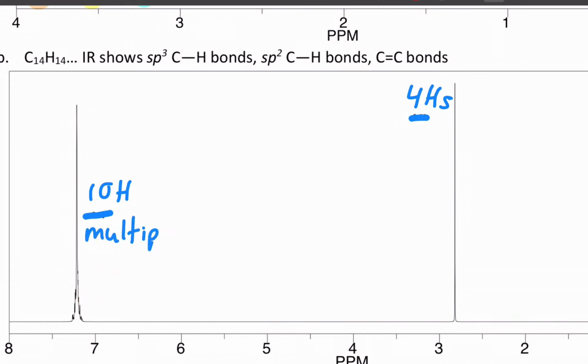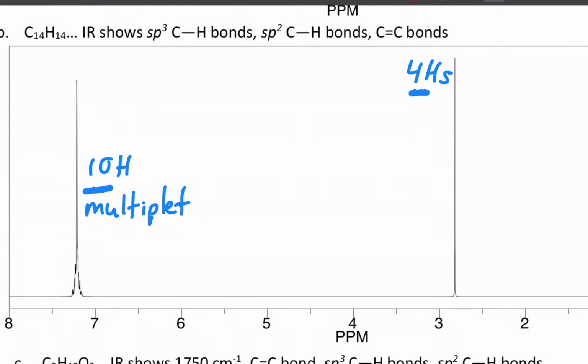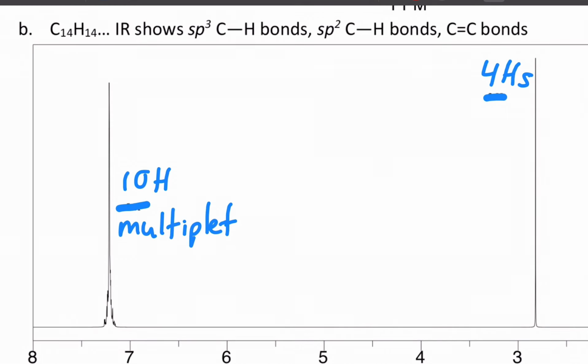So it's likely this is a series of signals on top of each other, all in very similar chemical environments and splitting each other, but not in exactly the same position. The location alone is very informative. Up in the 7s, that's suggesting that I have a benzene ring, some type of aromatic hydrogen containing compound. It can't be just benzene.